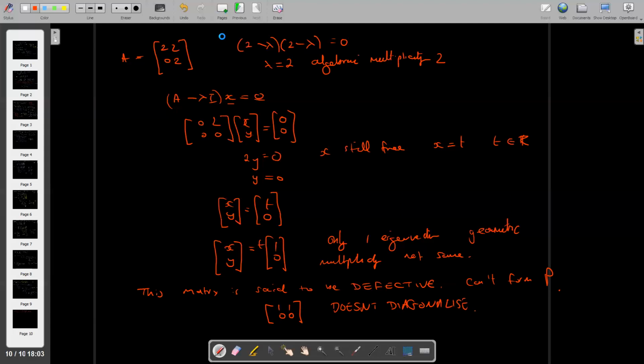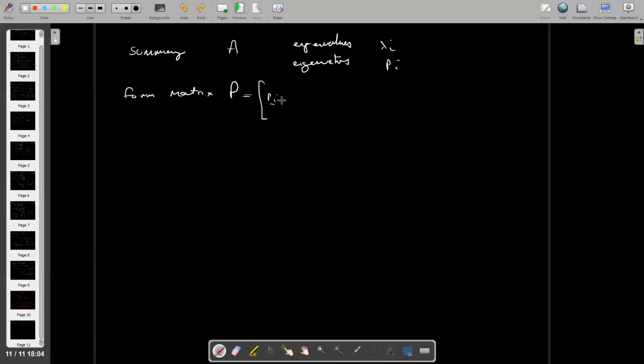So I'll finish off with a little summary now. To summarize, if we've got a matrix A with eigenvalues lambda i and eigenvectors p i, then we can form the matrix capital P, which is made by the columns of the p i's: p1, p2, up to pn in the n by n case.